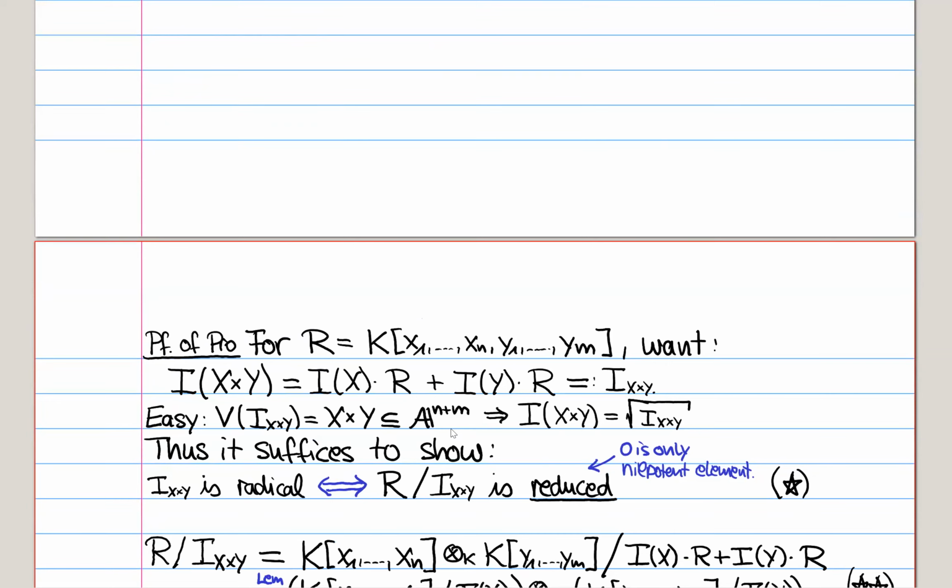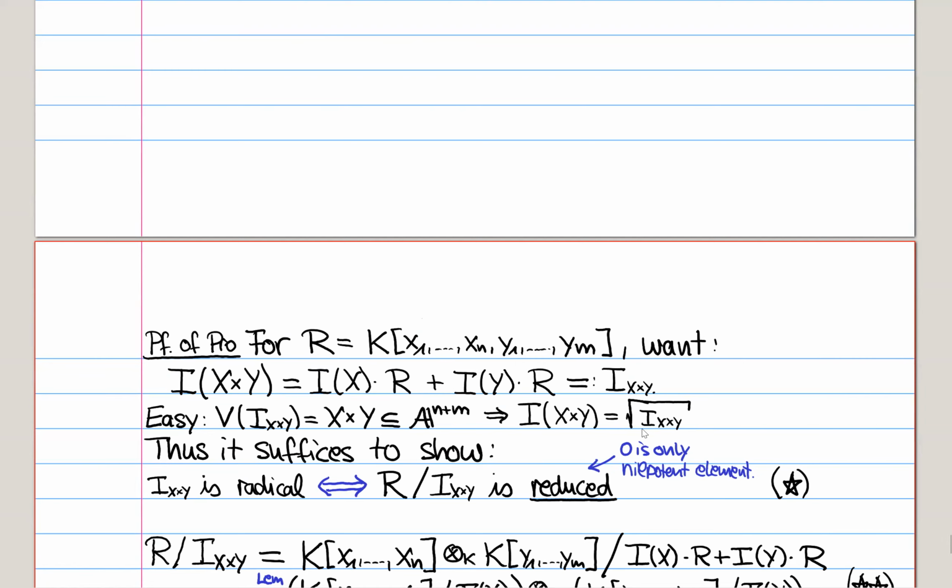Using the Nullstellensatz, we can then apply the ideal on both sides, and we get that the ideal of X cross Y is the ideal of the vanishing locus of this. So this gives exactly the radical of this ideal. So we wanted to show this is this ideal.